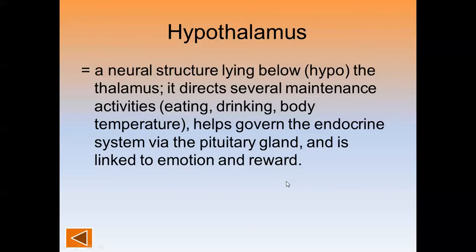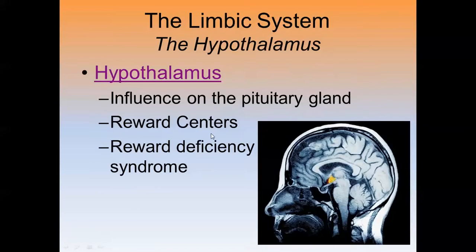If you have an overactive hypothalamus, then you might be hungry all the time, thirsty all the time. You might have a high body temperature. You might have a low body temperature. These things can be very bad for you, though. And it helps govern the endocrine system via the pituitary gland. Remember, the pituitary gland is the main gland of the endocrine system, and it's linked to emotion and reward.